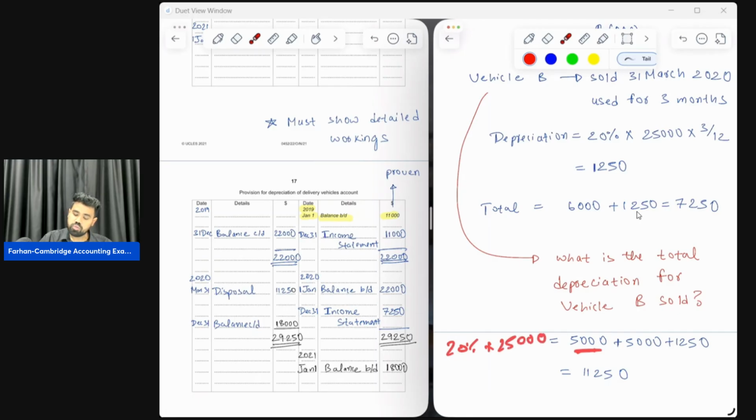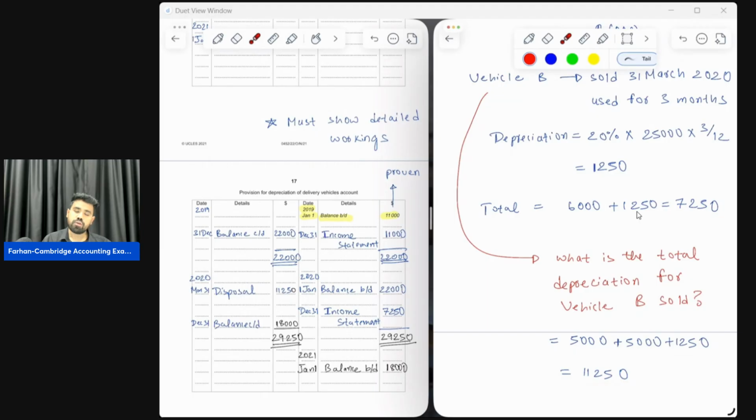The same thing is applied in year 2019, where vehicle B was used throughout the entire year. So the depreciation is calculated again at 20% multiplied on 25,000. But in year 3, this asset was only used for 3 months, which are the months of January, February, and March. And based on our calculations, it's $1,250 for the year 2020. So the total depreciation for vehicle B, which has been sold, is $11,250.